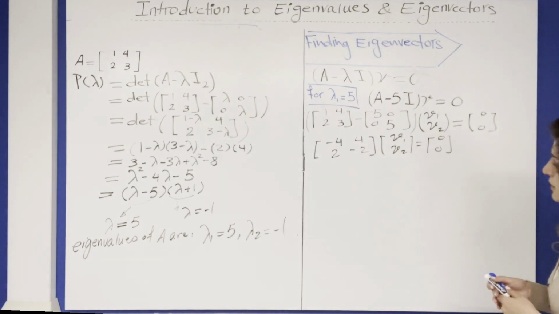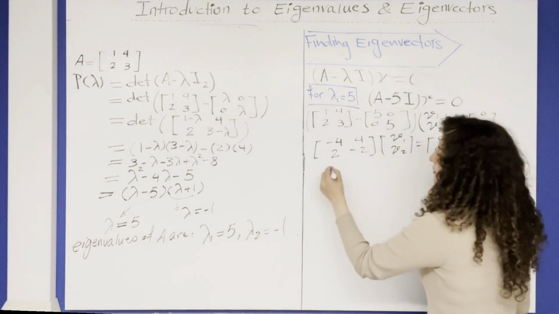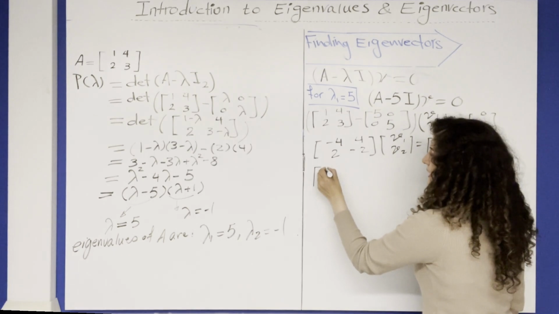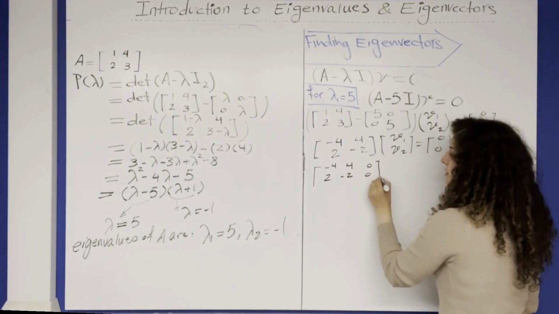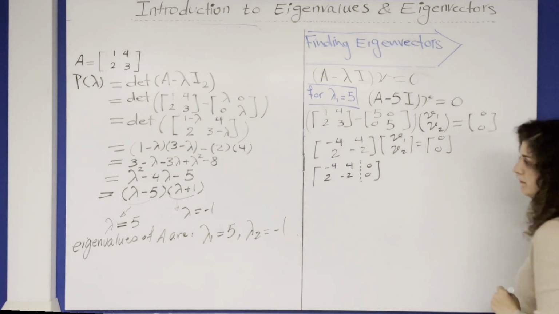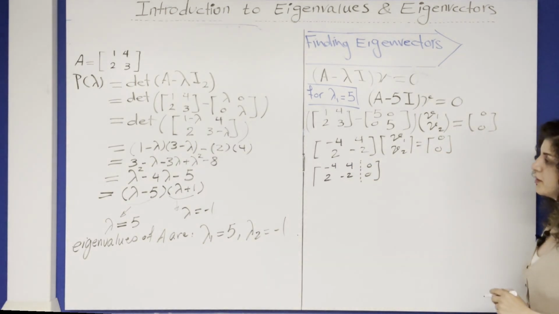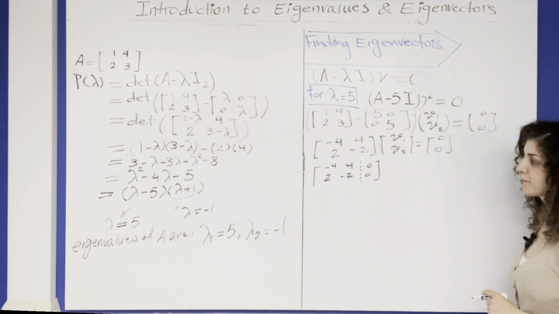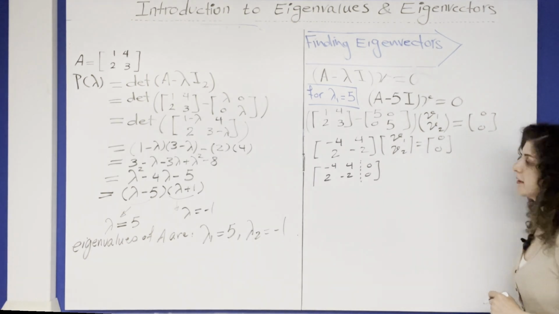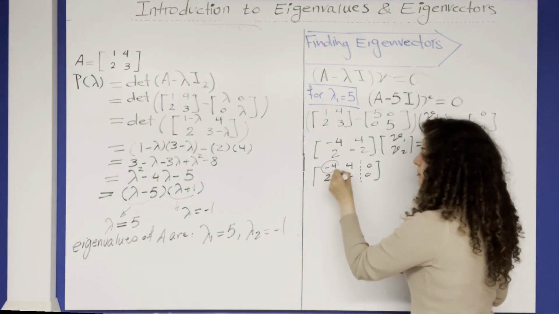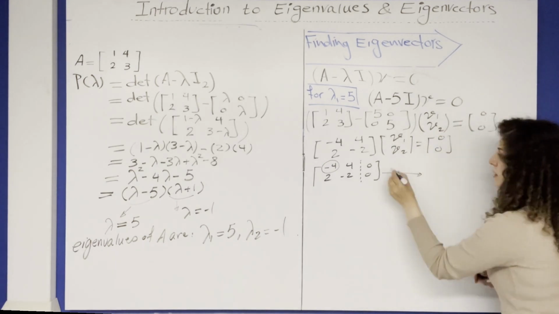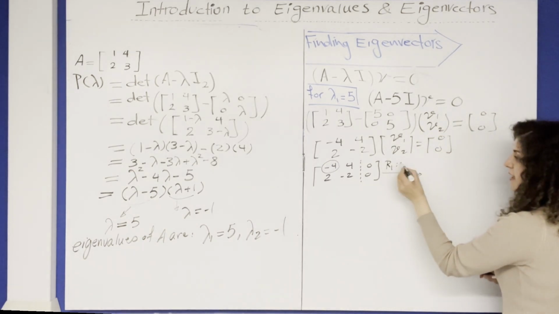So using Gaussian elimination, I'm going to form the augmented matrix, which is negative 4, 4, 0, 2, negative 2, 0, right? And I'm going to try to use row operations to form the row echelon form. So pick the first non-zero entry of the first row, scale this. So row 1 being scaled by negative 1 over 4.